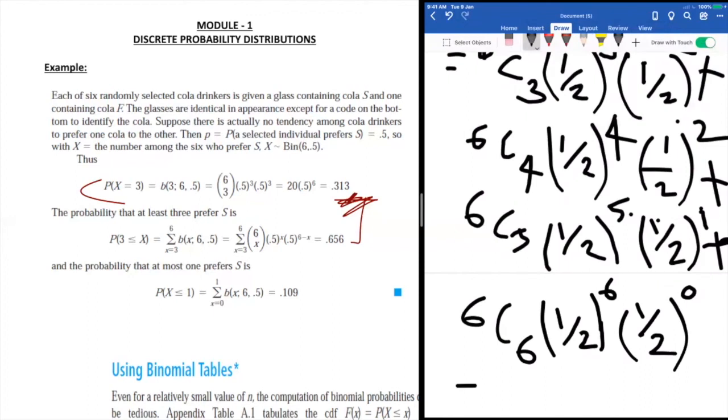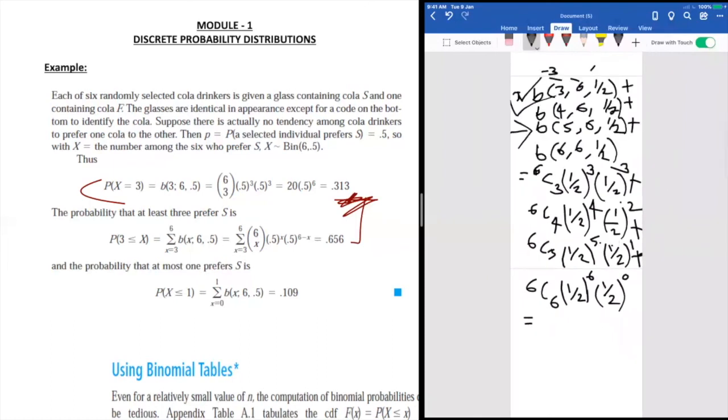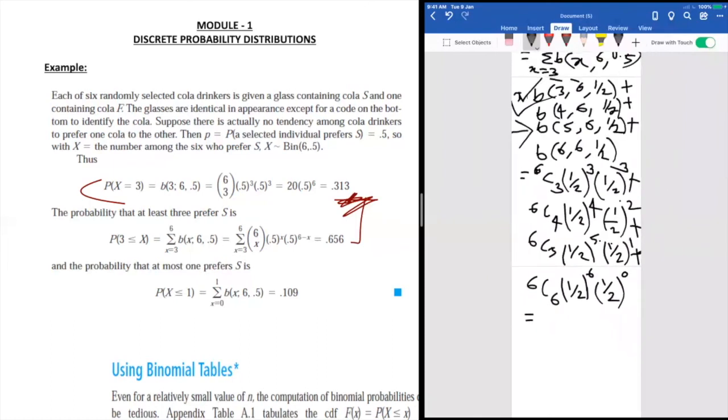So calculate the value: 6C3 into 1 by 2 the whole raised to 6, plus 6C4 into 1 by 2 the whole raised to 6, plus 6C5 into 1 by 2 the whole raised to 6, plus 6C6 into 1 by 2 the whole raised to 6.